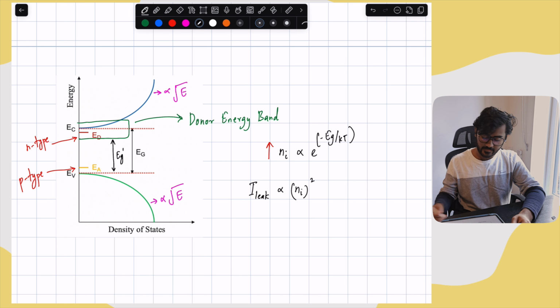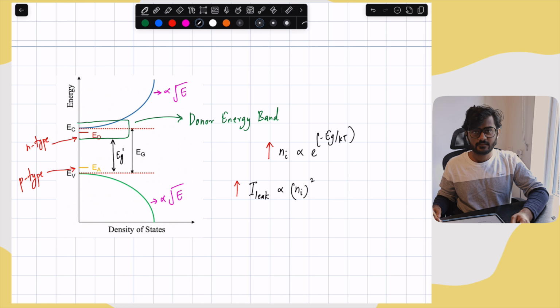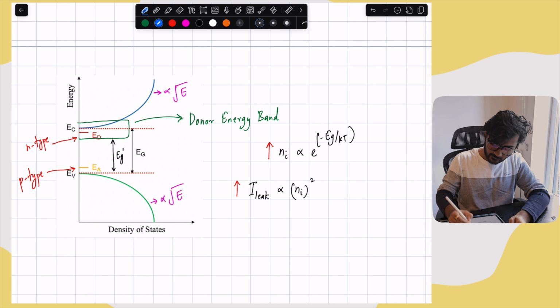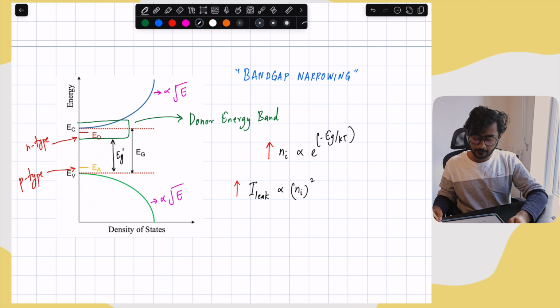So as this Ni increases, the leakage current in these devices also increases. We commonly hear people telling that as we increase the level of doping, the leakage current actually increases. And this is the physics behind why that statement is true. So this reduction of band gap from Eg to Eg prime is what is called bandgap narrowing. So this is one of the effects of highly doped semiconductor.